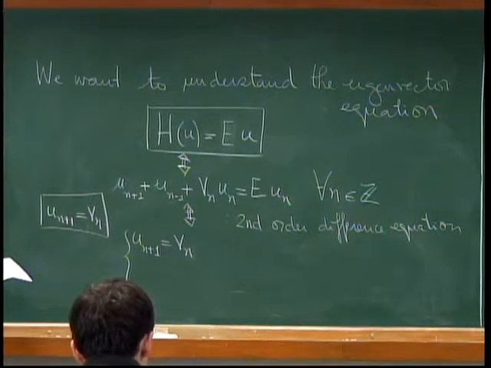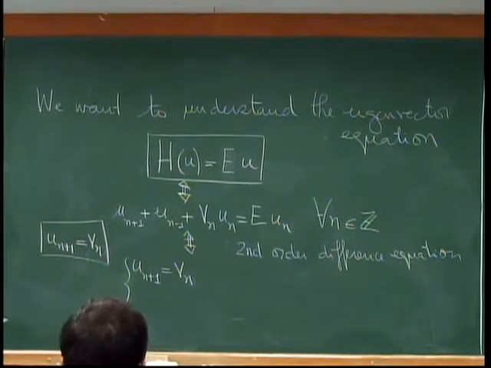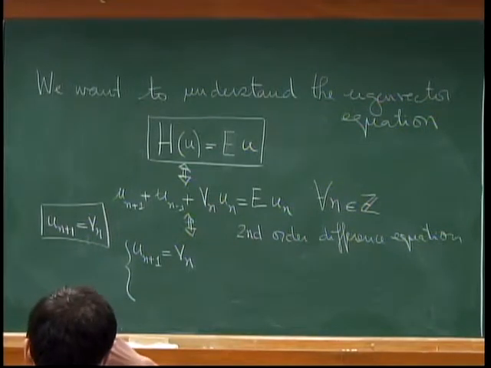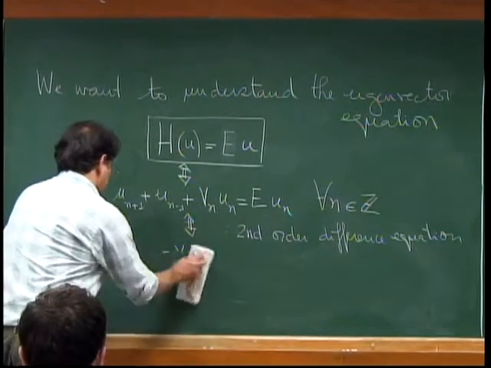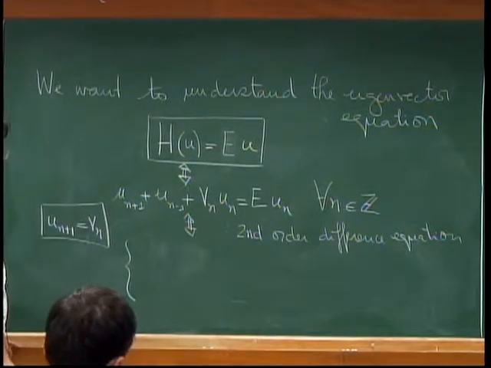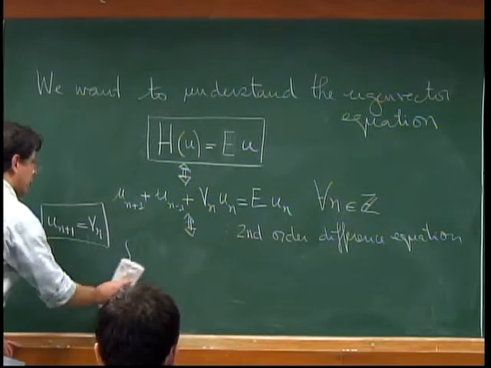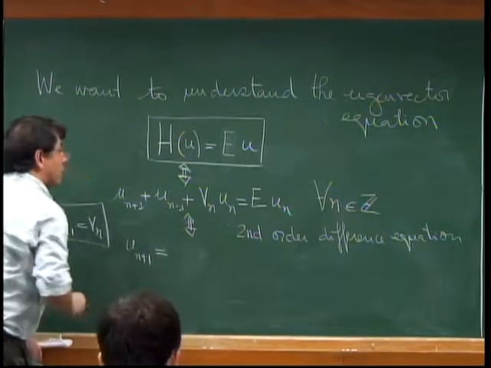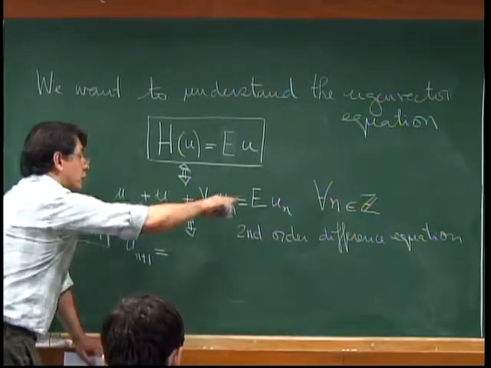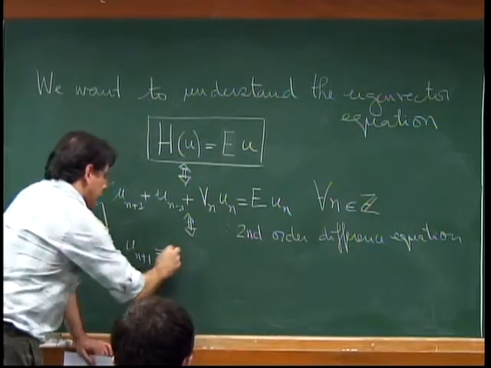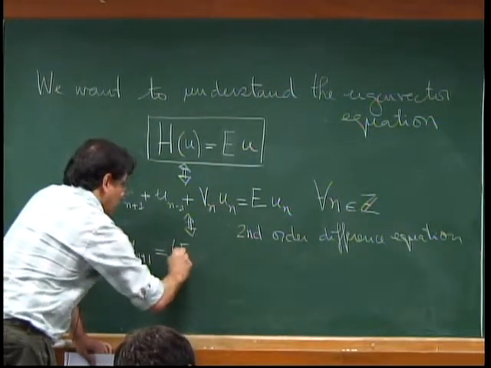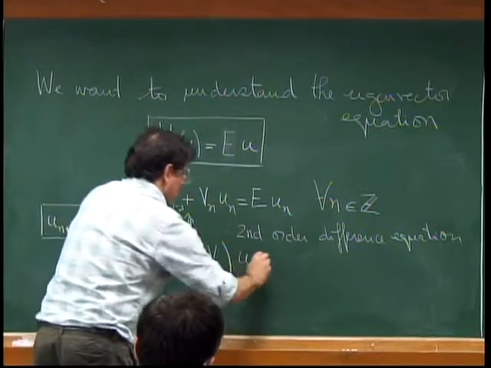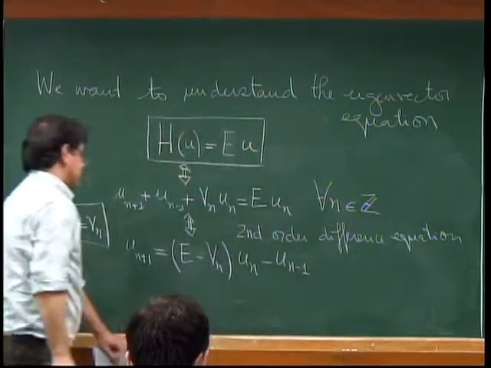Okay, first, before that, let me rewrite this as follows. u(n+1) equals, I'm going to move everything to the second term, equals (E minus V(n)) u(n) minus u(n-1). Okay?